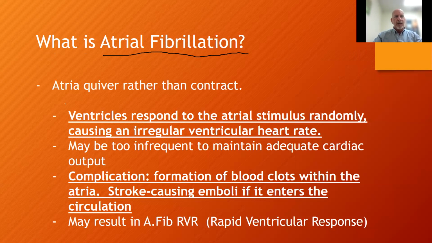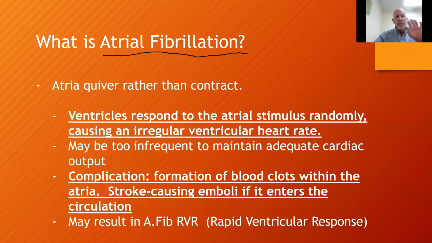But basically what happens is the atrium of your heart is going crazy. Atrial fibrillation is the most common form, atrial flutter is not as common as atrial fib. Atrial fib is very common. But basically, the atrium is just kind of quivering because it's got too many of those irritable foci we talked about going off.